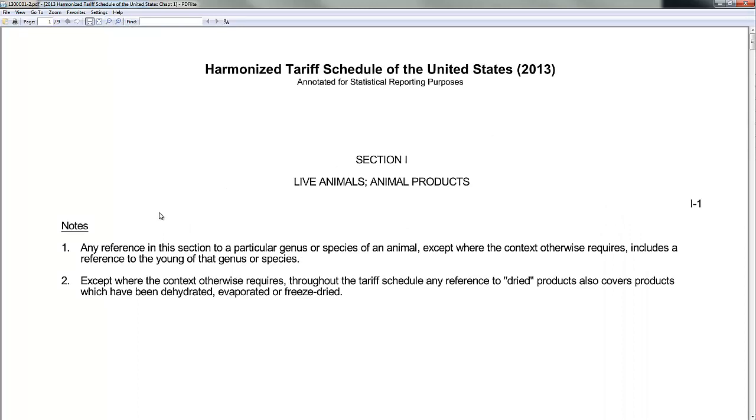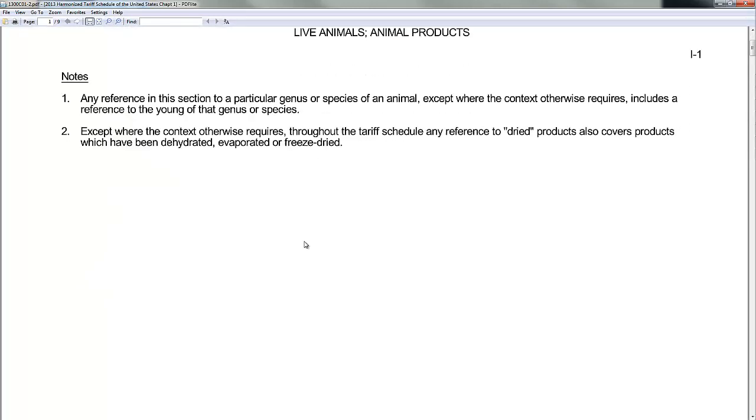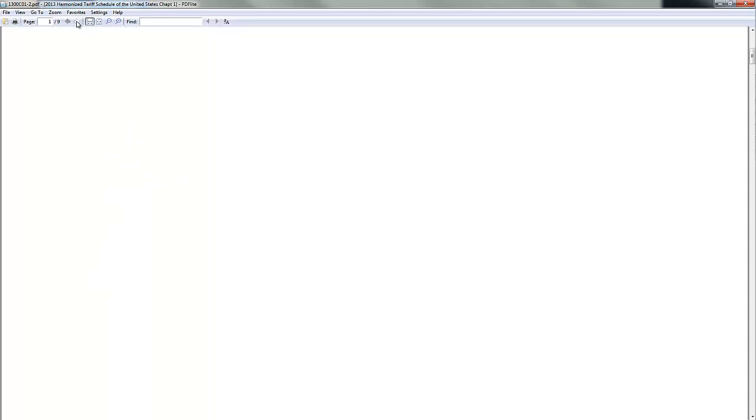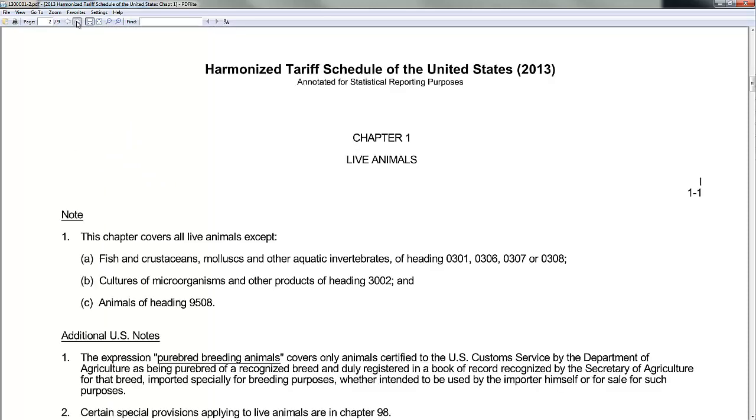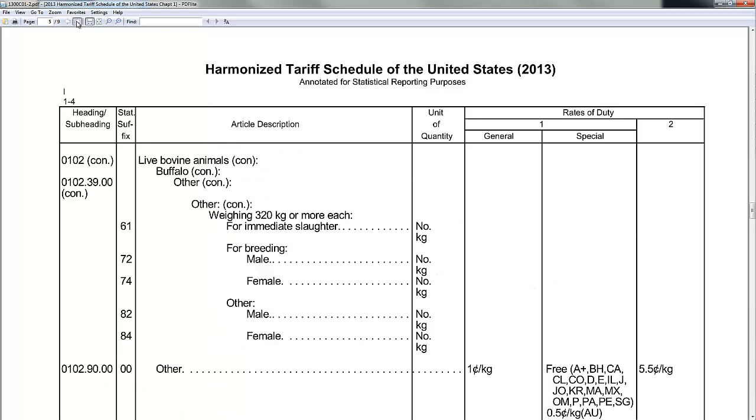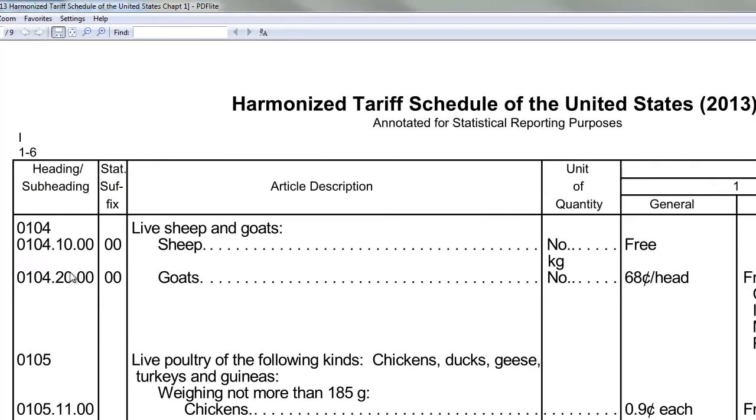And now I just happen to know that a goat is classified under 0104.20.0000. And that doesn't mean that I own a goat, so don't start any rumors. I just knew that goats were classified under there.